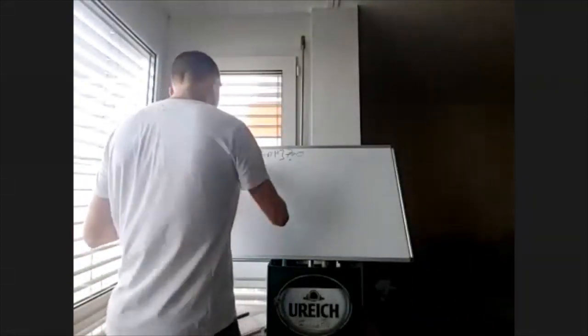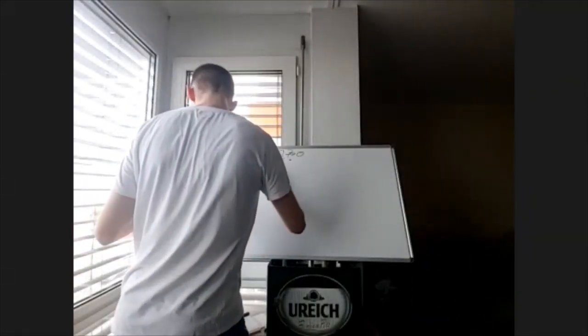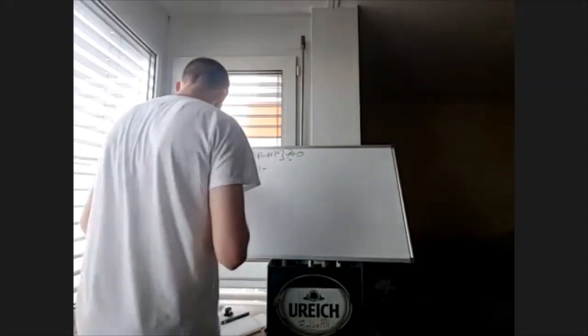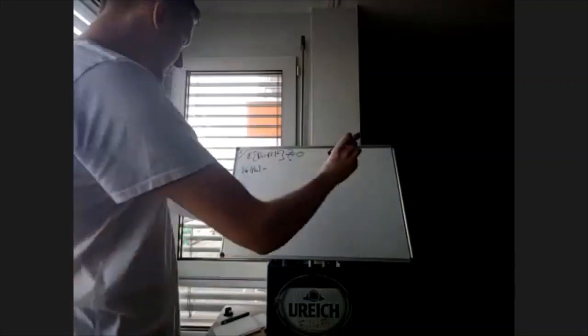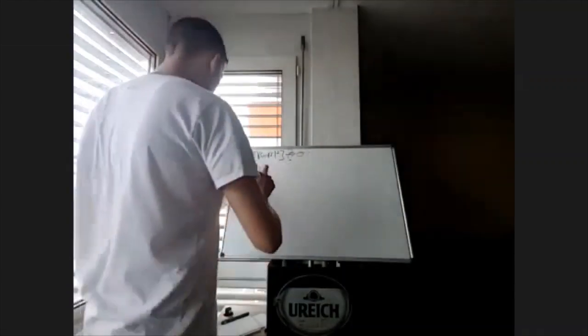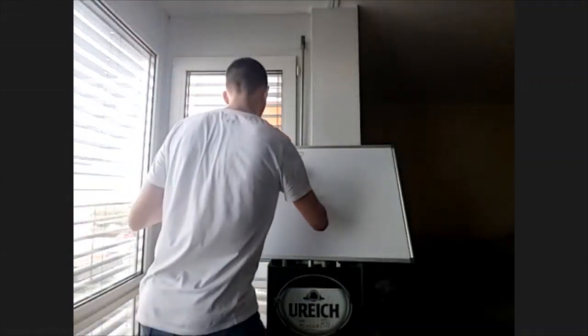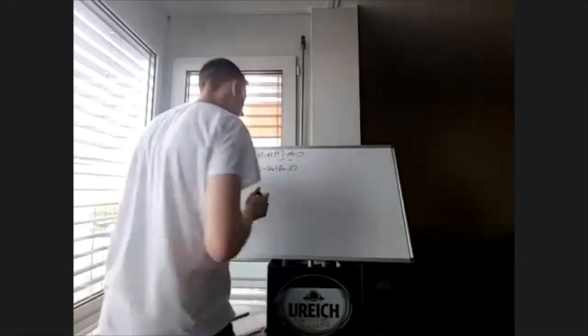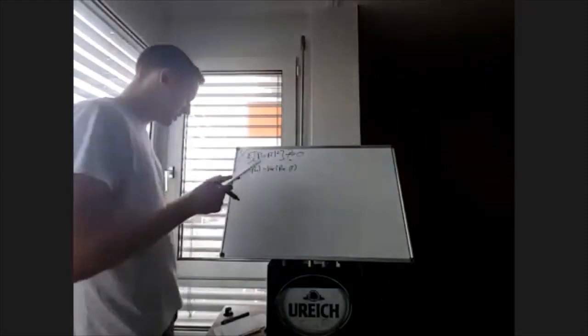Okay, so let's first look at the variance of beta n. This is because we can translate it. This is just the variance of beta n minus beta star, because this is constant.